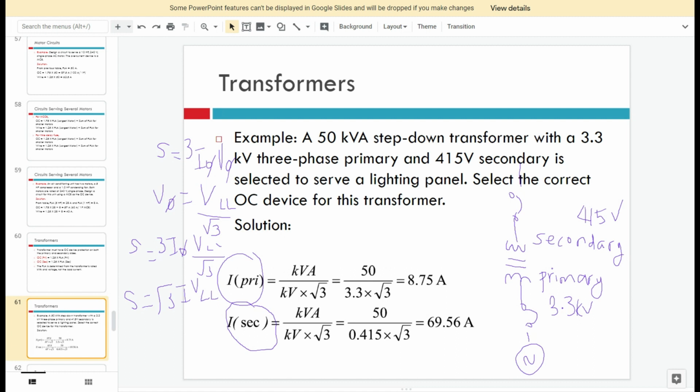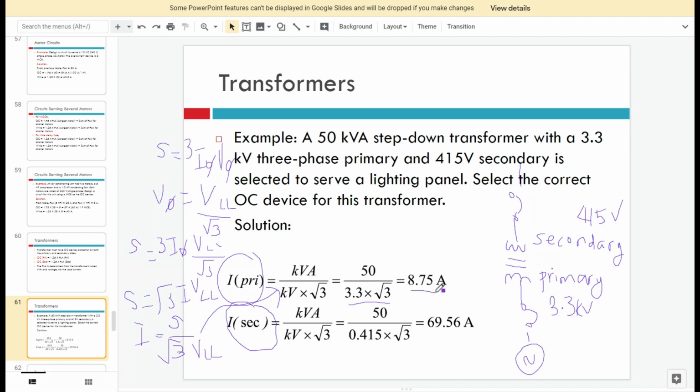So I equals S divided by √3 times V line to line. So here is the equation: S divided by V line to line times √3. This one is for the primary side.